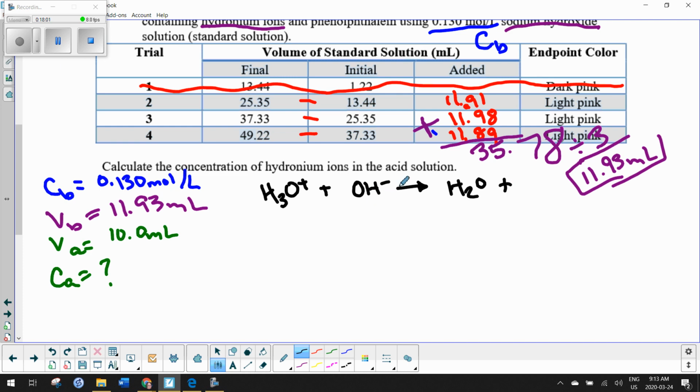If OH minus 1 gains one, it becomes H2O. So we have 4 hydrogens on this side, 4 on this side, 2 O's, 2 O's, balances out to a 0, plus and a minus 1, balances out to a 0. So it's all balanced, which means we have a 1-to-1 ratio.